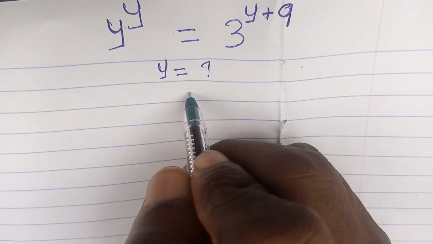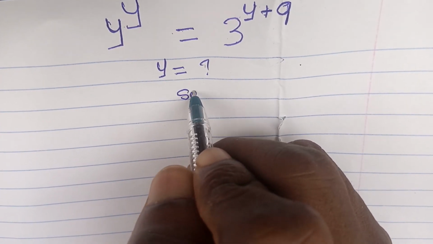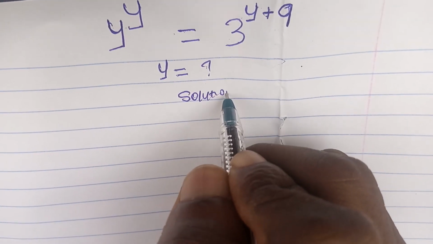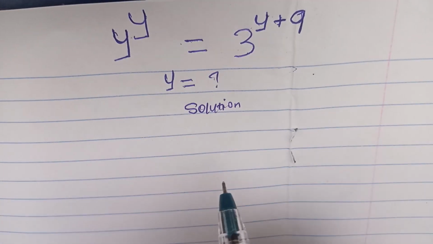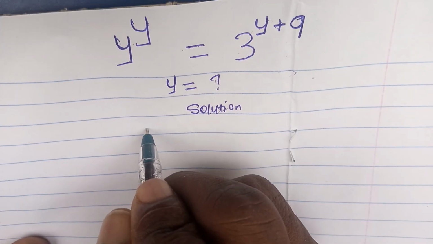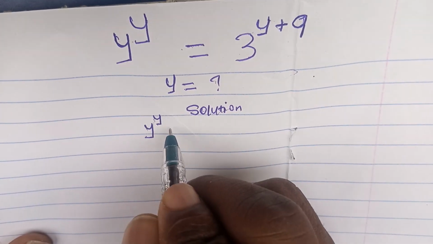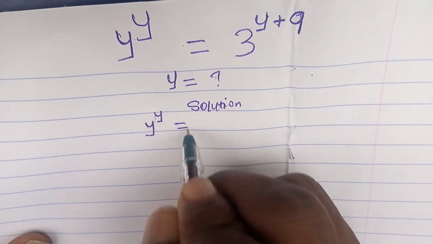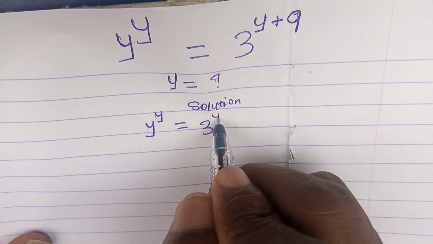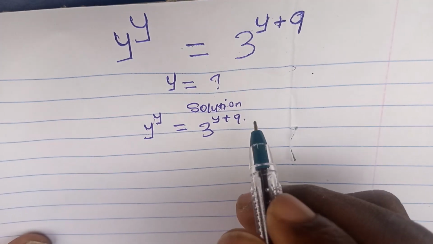So let's see the solution. Write the question, which says y to the power of y equals 3 to the power of y plus 9.